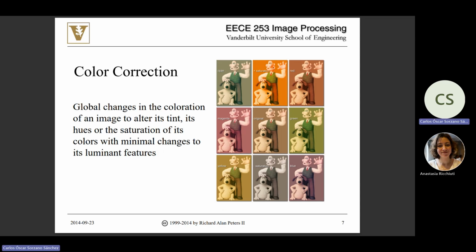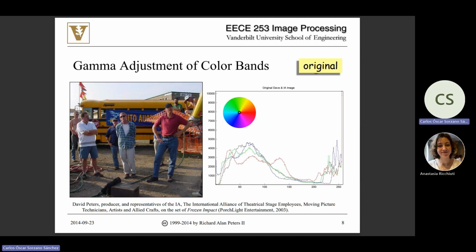Okay, so now let's take our favorite image and let's play a little bit with it. Let's say that we have this original image, and you compute the histograms of the different bands. So red, green, and blue histograms, and we have also there the luminance histogram.